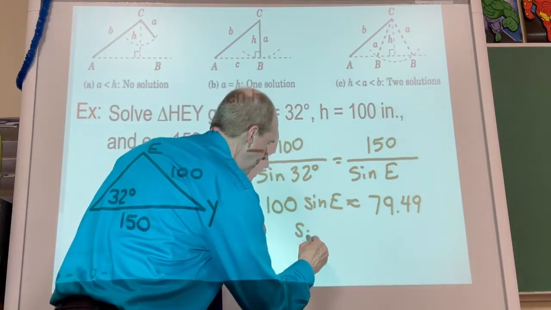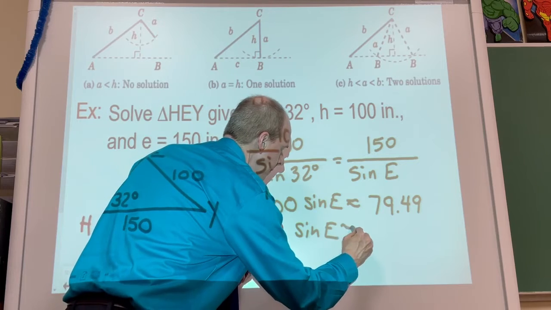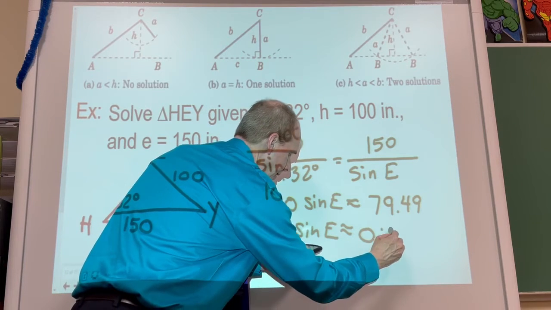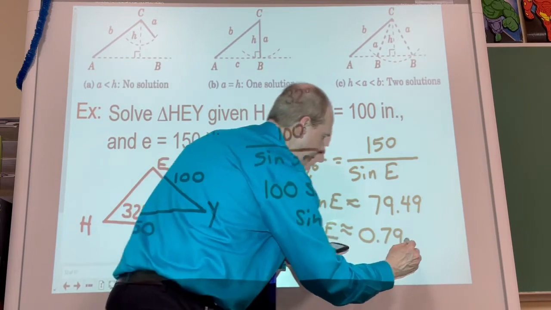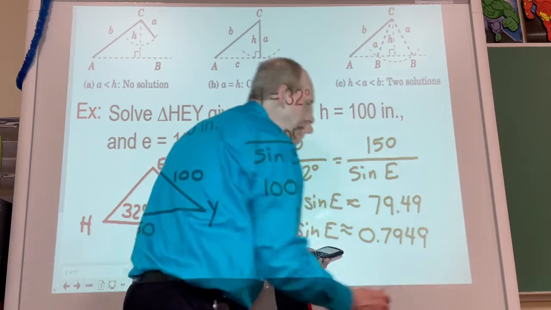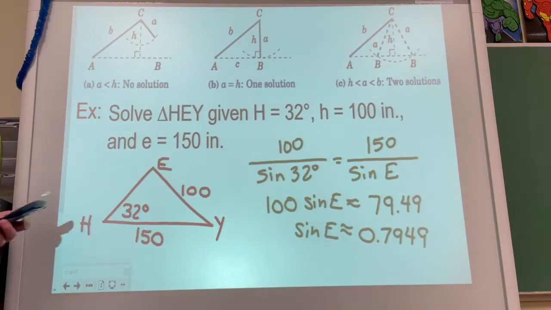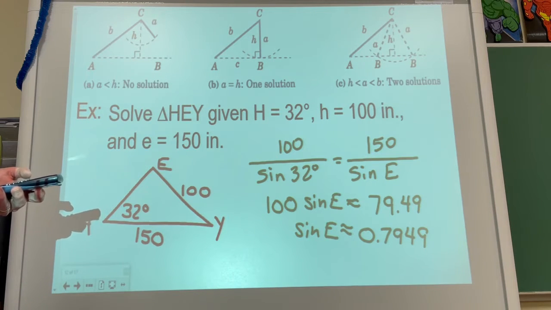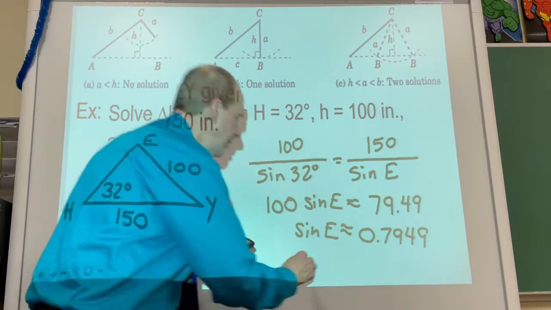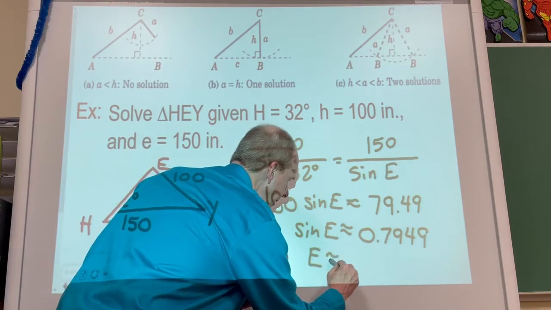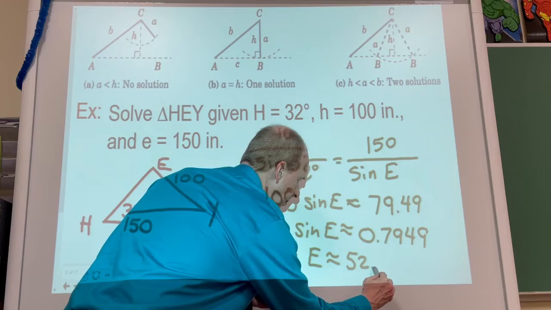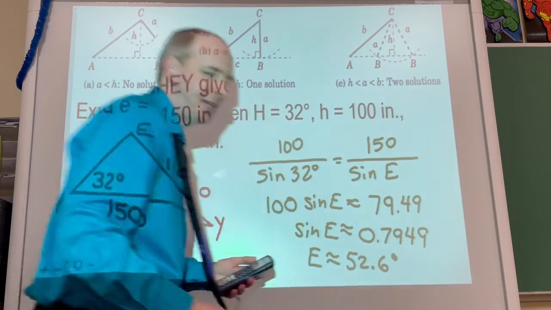So sine of E is about 0.7949. When you're doing these, you really want to take it out about 4 decimal places to get the best angle possible. Inverse sine of 0.7949 tells me that angle E is about 52.6 degrees.